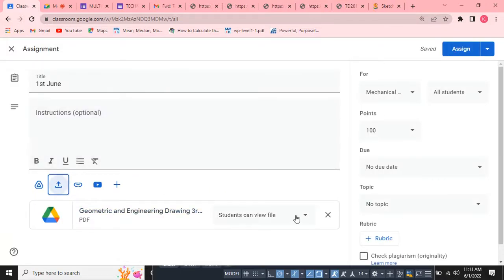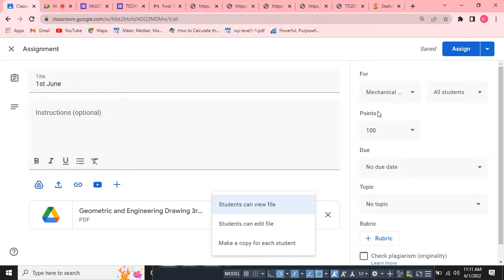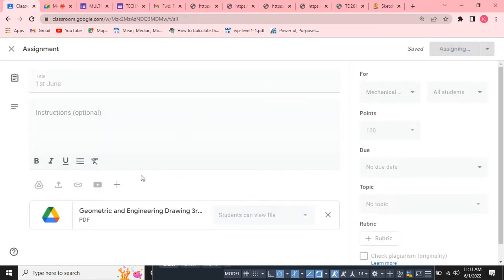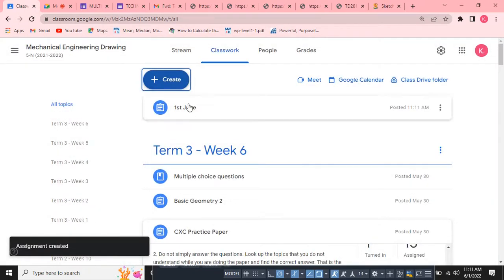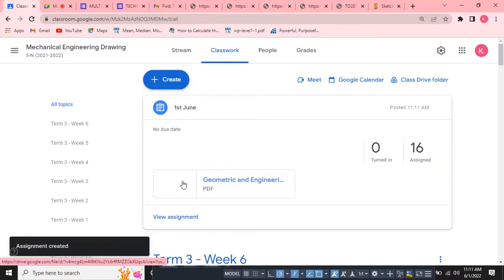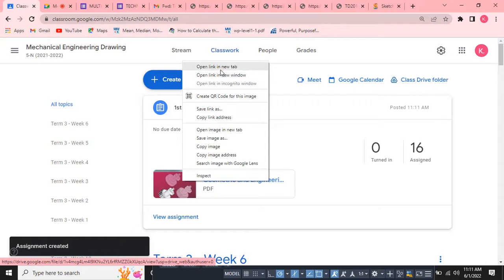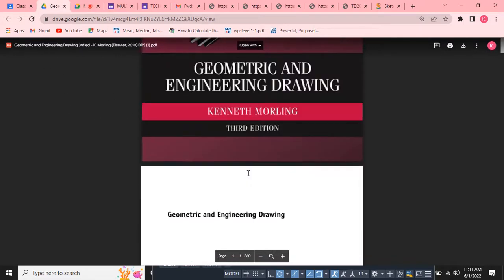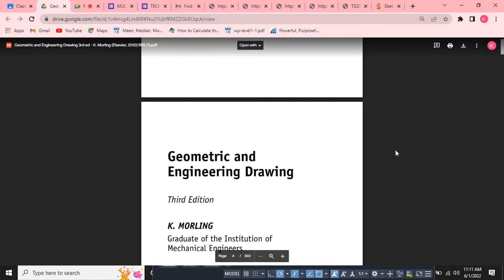I'm gonna add more files to this. So remember, you can right click to open it in a new tab, and you can also download it.